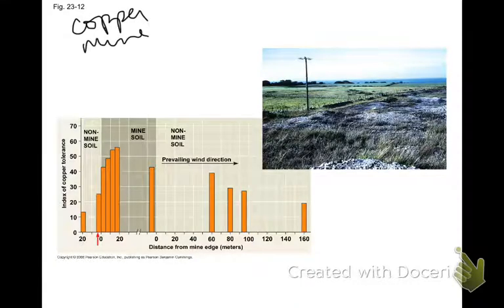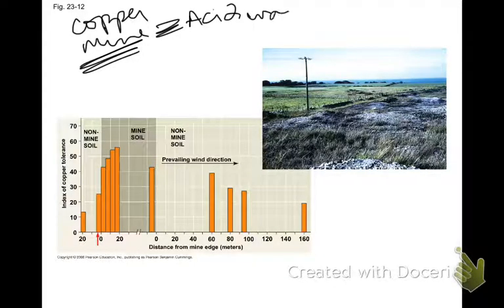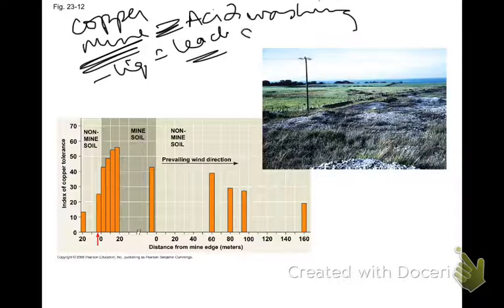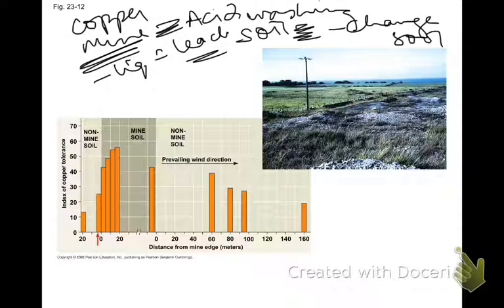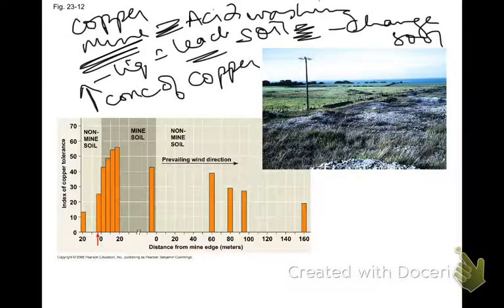When you have these mines, you will also have acid washings, the liquid that can leach into the soil and change the soil, which means you can have a very high concentration of copper in this soil.